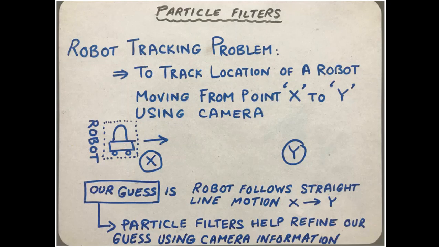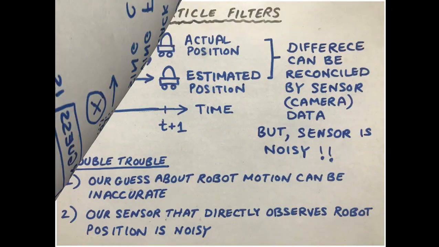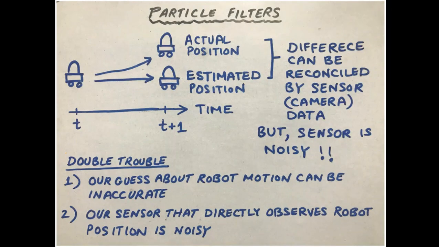Now particle filters play a very important role in a sense that they are going to refine our guess using sensor information. In this case, you can think of our sensor as a camera. The camera is going to take snapshots of the robot at regular intervals, and that is going to help us refine our guess. Let's see how that is going to happen.